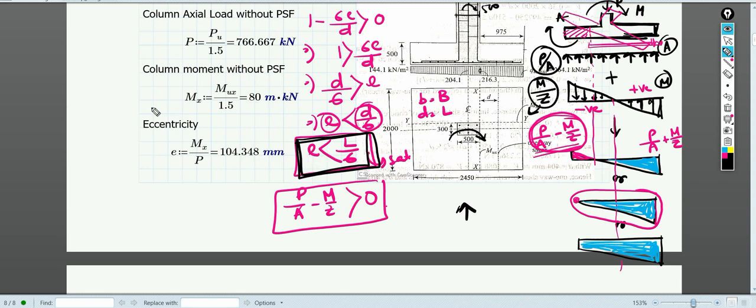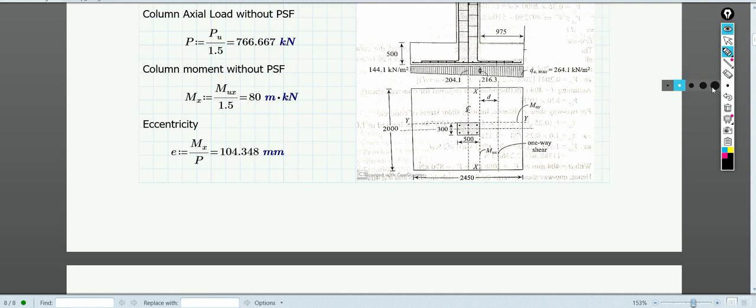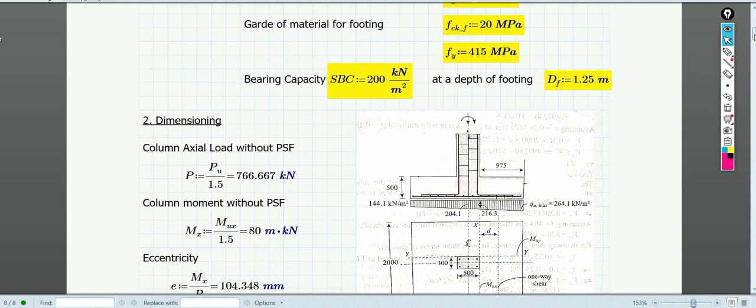Understood? So what is e? e is nothing but M by P. If e is less than L by 6, in that case your footing will not have any tension over its whole length. So we have to check for this case. Understood this part? I hope you have understood. If you have any doubt, please let me know. Now let's see our calculation to find out the dimension.